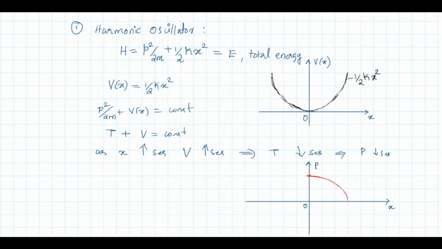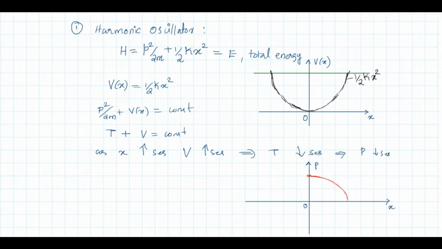Now we have to fix some energy, then only we can draw the phase space diagram. So let us take an energy value like this. Let this be the total energy of the harmonic oscillator.